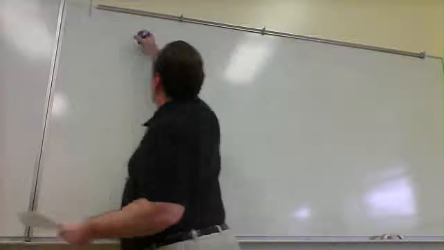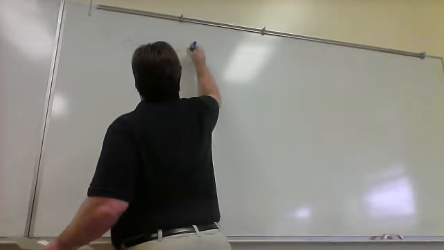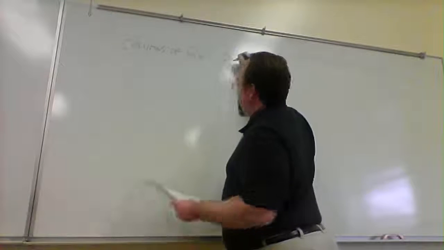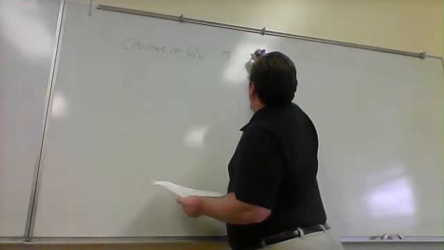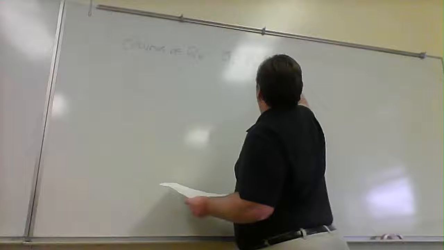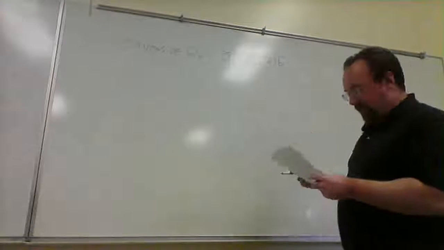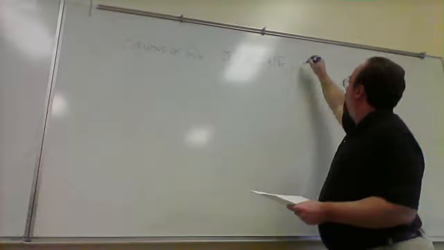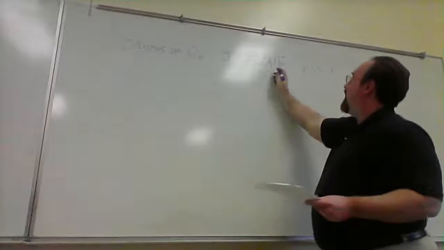All right, so the columns of Q_K are defined as follows. Each q_j is a polynomial of degree j minus 1 in A multiplied by b.